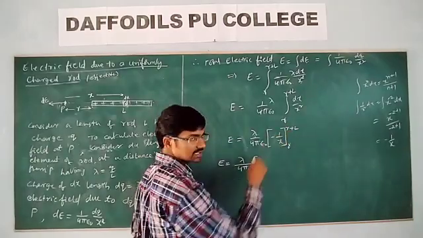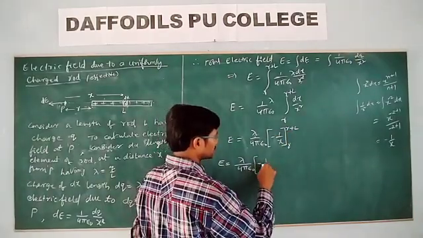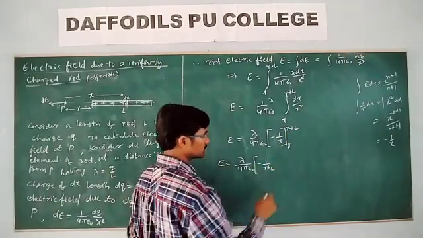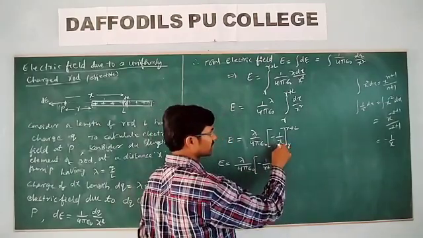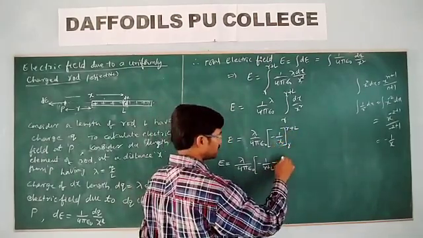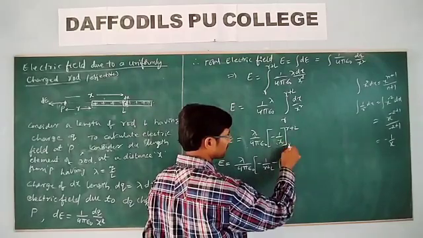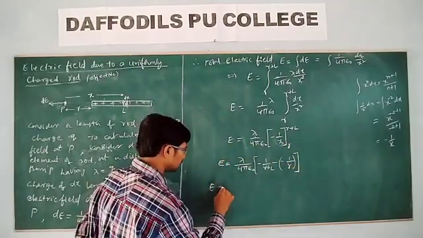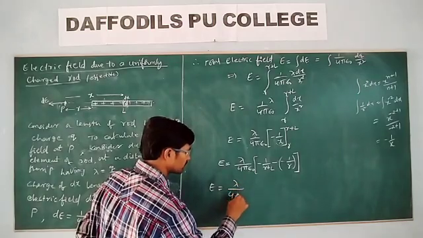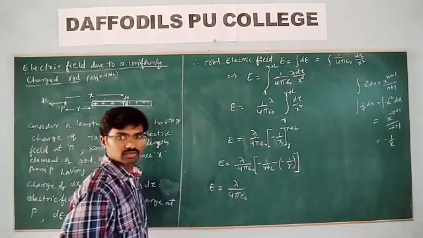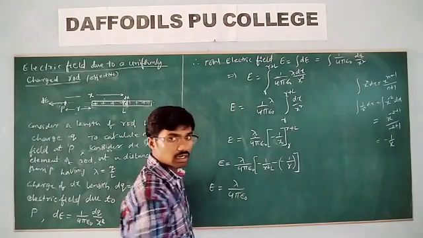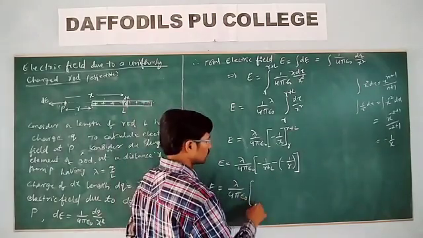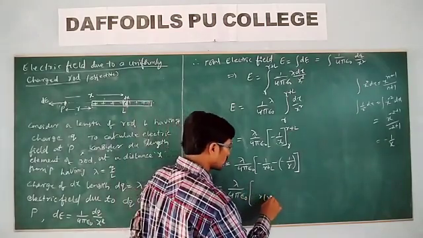First you substitute the upper limit, minus 1 by R plus L, instead of x, minus of minus 1 by R, instead of x now R. Then E is equal to lambda by 4 pi epsilon naught. What is this value? Minus R into R plus L.